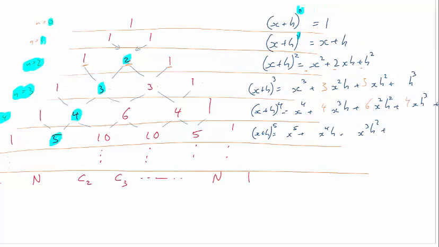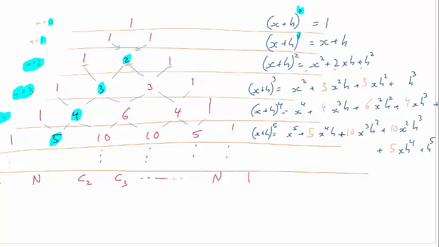And we just keep on going down the line until we get to h to the 5th. Give myself a little more room to work with there, and then we put in the coefficients. 5, 10, 10, 5. Good. All right, and so there we are.